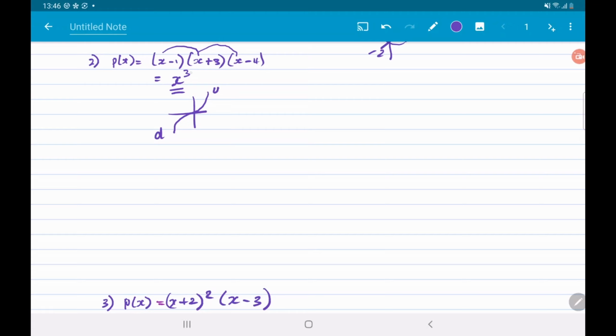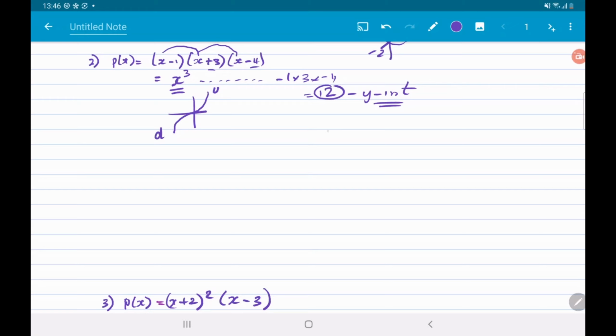If you were to expand the constant term, you'd have minus 1 times 3 times minus 4 to give you 12. So the last term of this polynomial would be 12. And that would be your y-intercept. If you want, you can fully expand this and check yourself.